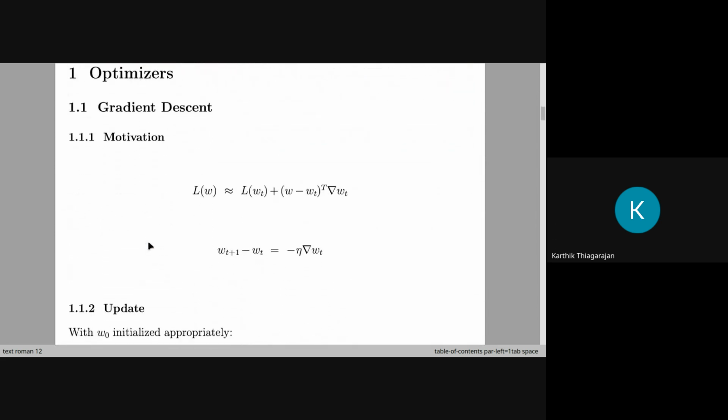So let's look at the first optimizer. You already know all this. So what is this? Can someone tell me what this equation represents? Loss function. Correct, loss function. But how did we get this, L of WT plus W minus WT transpose gradient of loss with respect to WT?